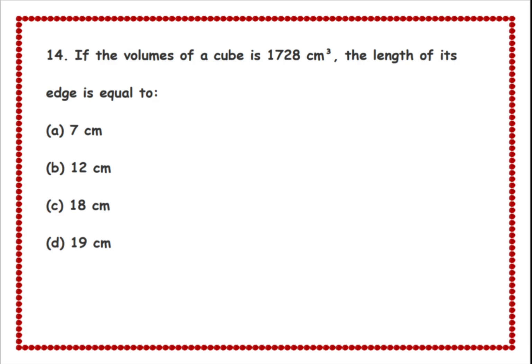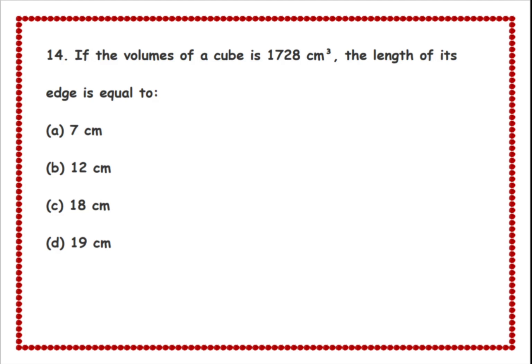Question number 14. If the volume of a cube is 1728 centimeter cube, then the length of its edge is equal to. Given volume of a cube is 1728, we need to find out its length.